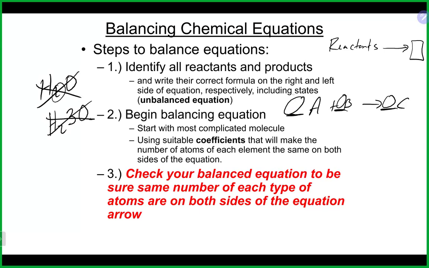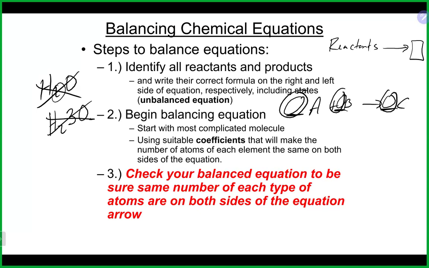It is only the numbers that come in front, which are the coefficients, that you should change. You want to start with maybe the most complicated. I personally start with what looks like the simplest to fix in terms of balancing. What I mean by that is a lot of times you'll have one element on the left-hand side and the right-hand side, and they're only in one thing on each side.